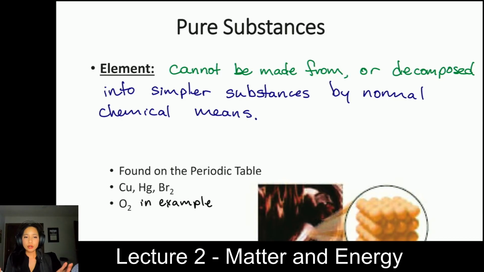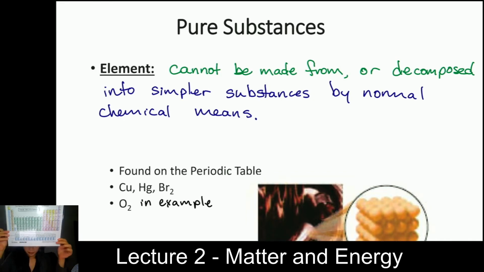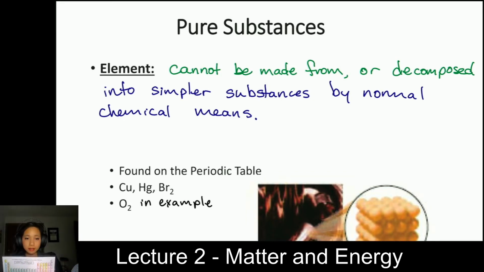So if you've heard of the term element before, what we mean is the elements on the periodic table. So this is a periodic table. I'm actually going to laminate these periodic tables for all of you and hand them out during our first recitation together. All right, so elements, we find these on the periodic table.